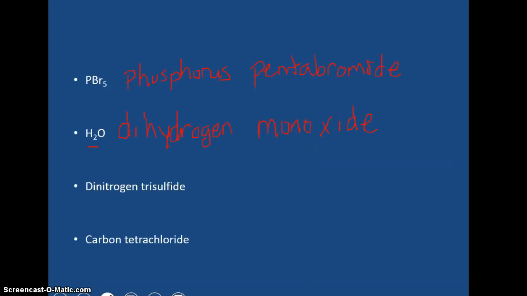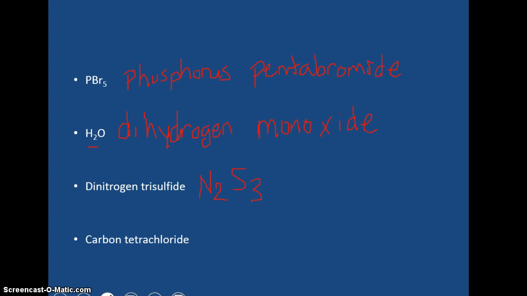So nitrogen, whose symbol is N, then we've got the di that tells us a subscript of 2. Sulfide was S. We've got the tri, that tells you the subscript is 3. The nice thing about covalent compounds is you don't have to cross any charges or anything. You don't cross anything over. The prefix tells you the subscript. Pause and try to do the next one on your own.